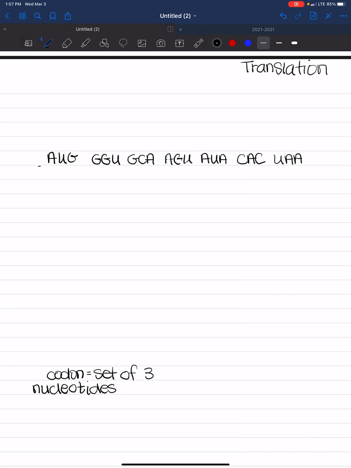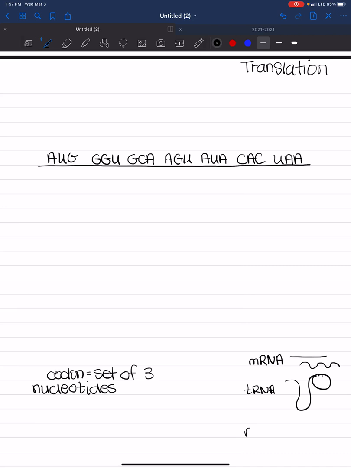So this is going to be our strand of messenger RNA. And so when we first started out talking about RNA, I said that messenger RNA, I'm either going to draw as a line or a squiggle. Transfer RNA is going to look like a U with a bead.